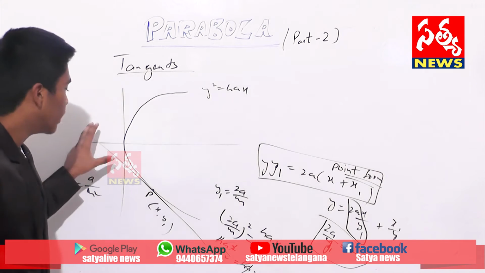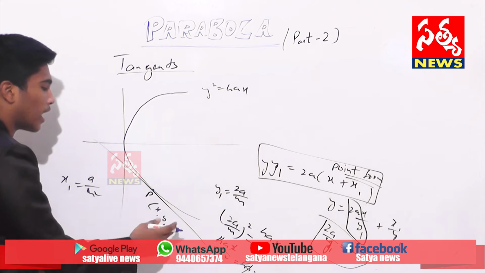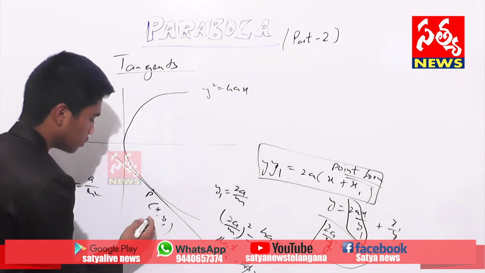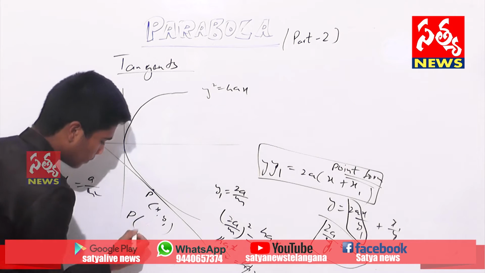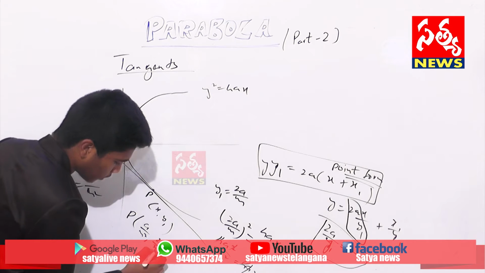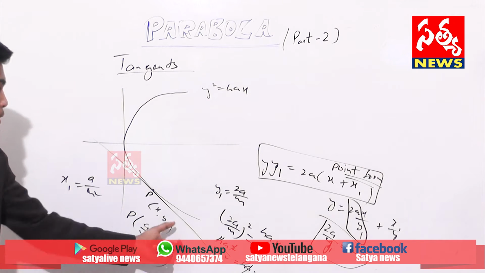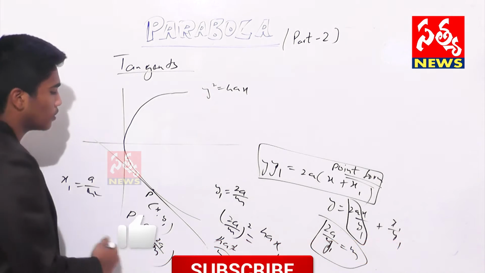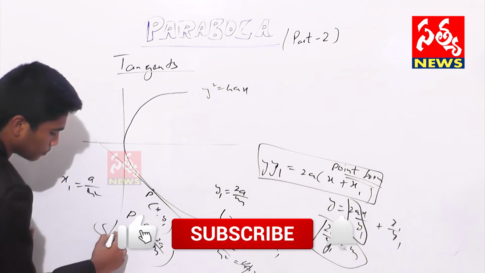So this point P may be a by m square comma 2a by m, where m is the slope of the line. Okay, this is known as the slope form.